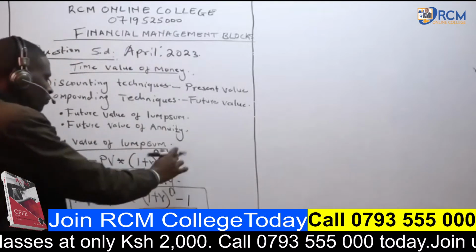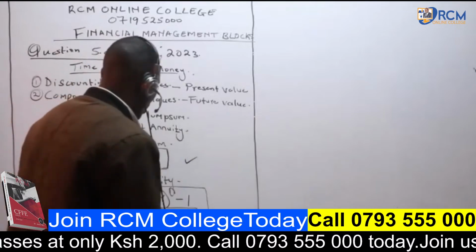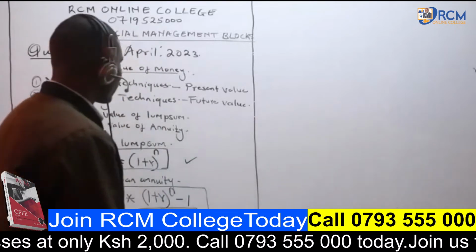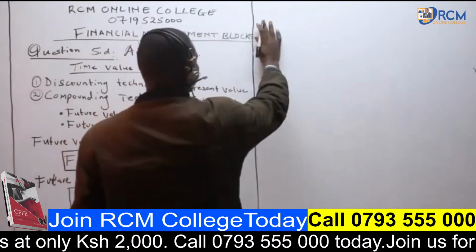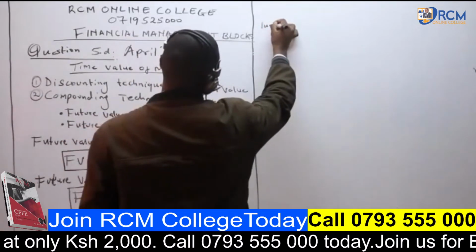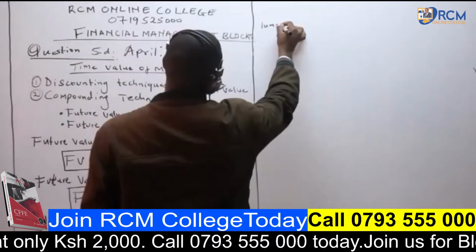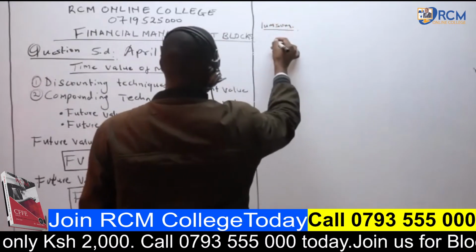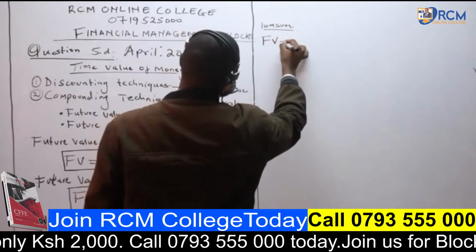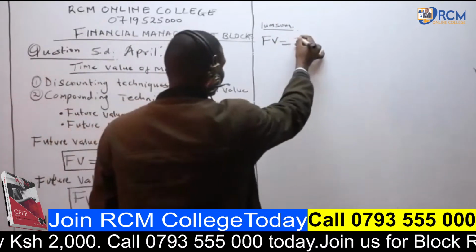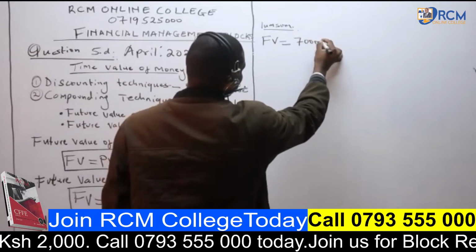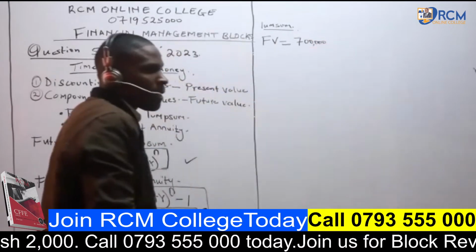So let's first of all use the lump sum amount and see how much will be the future value of the lump sum. So the future value will be equal to the present value. We have been provided with 700,000, that is the present value.